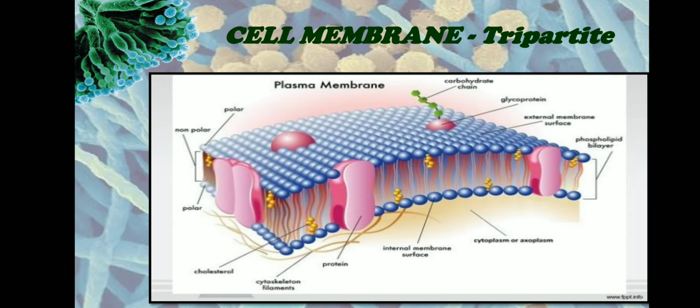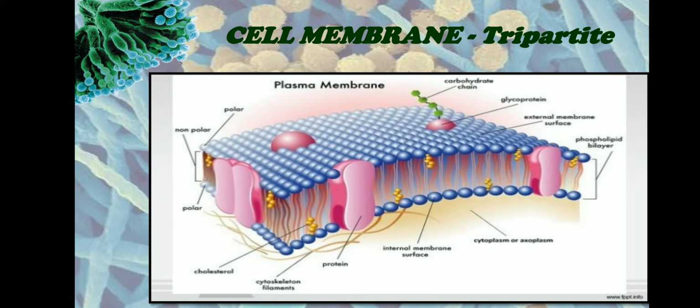The cell membrane of fungi is differentially permeable, which means it will allow only certain molecules to enter inside the cell. It will not allow all the components to enter inside the cell. When you look at the cell membrane of fungi under an electron microscope, it appears as a tripartite structure.